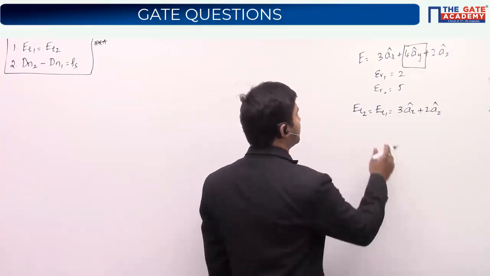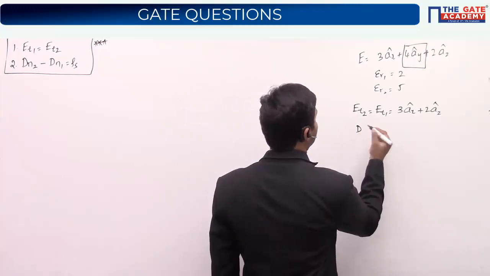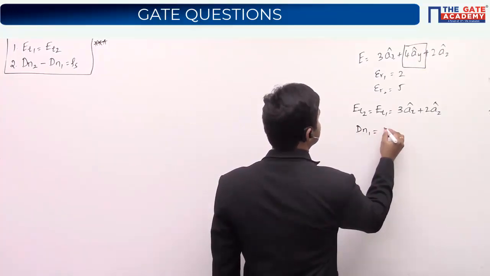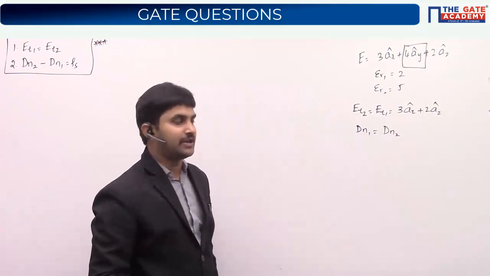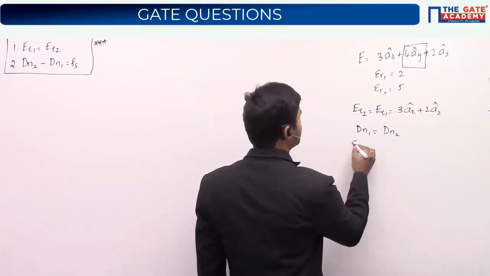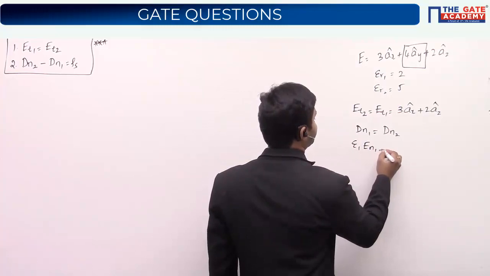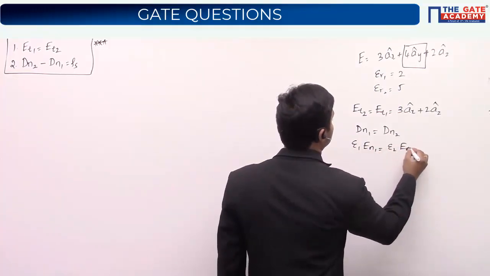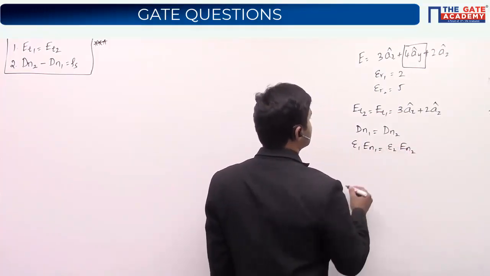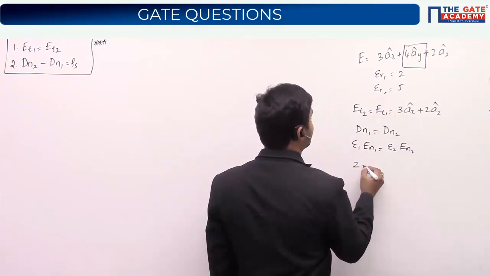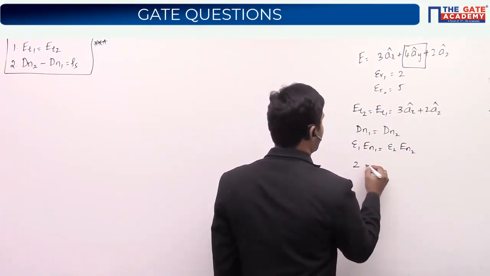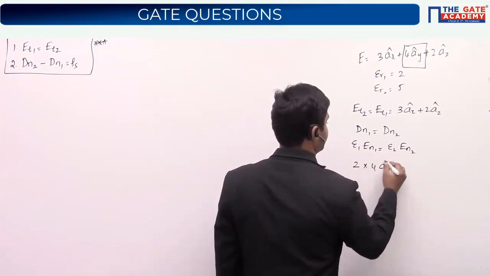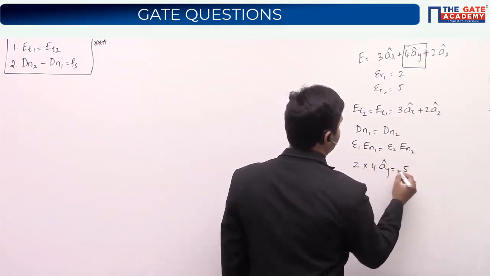Now when it comes to the normal component, we will be applying the boundary condition Dn1 is equal to Dn2. Once again here, the value of rho s is not mentioned. So epsilon 1 En1 is equal to epsilon 2 En2. So what is epsilon 1? 2 times En1, which is 4ay, is equal to 5 times En2.